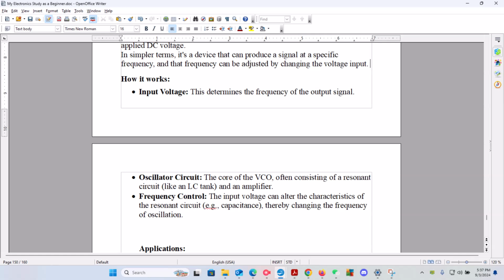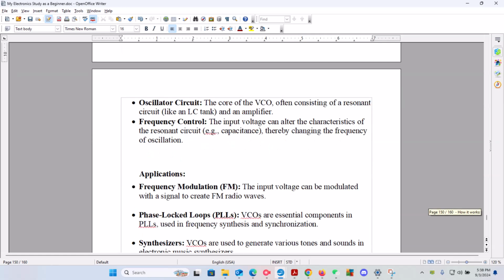The other component we have is called the frequency control. The input voltage can alter the characteristics of the resonant circuit, for example, the capacitance, that is, what is otherwise known as a capacitor, which can store voltage, therefore changing the frequency of oscillations.